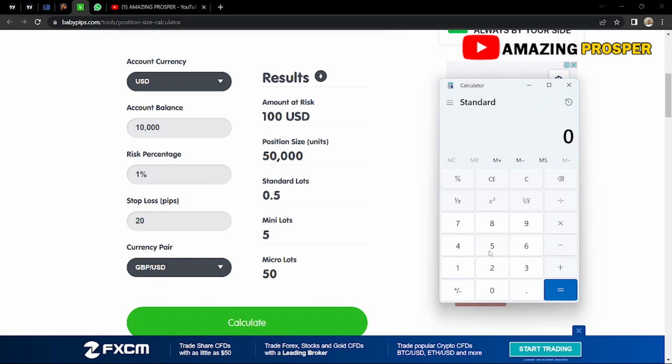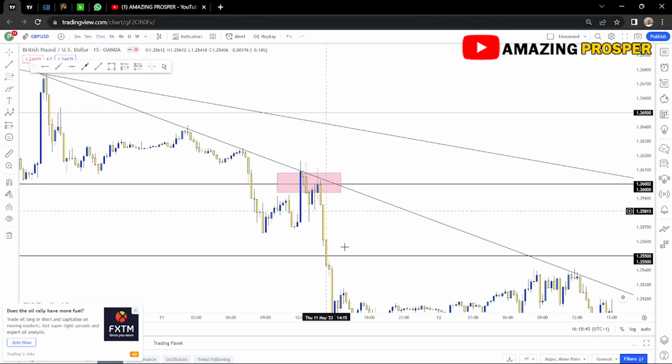If I want to be normal, I will divide by 5. So 0.5 divided by 3, I'll be using 1.16 to get into the market right here.